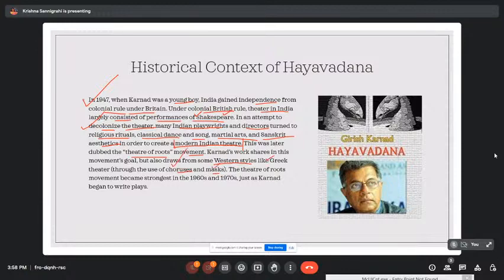So these ideas are borrowed from the Greek theatre, and these ideas were there in his works as well. The Theatre of Roots movement became strongest in the 1960s and 70s, just as Karnad began to write plays.